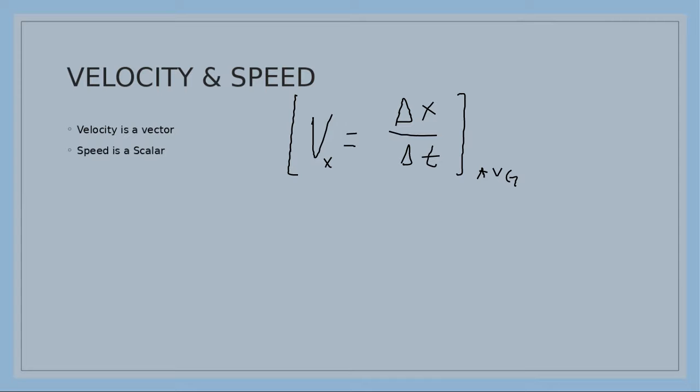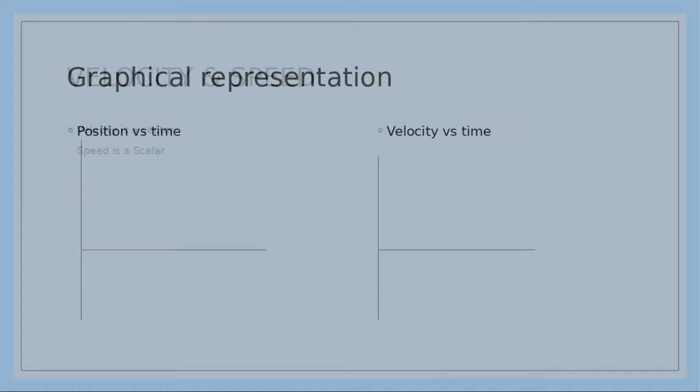There's velocity over an average, and there's velocity at a certain instant. I think using a graph would be the best way to show the difference between those two. So here we're going to look at a position versus time graph.